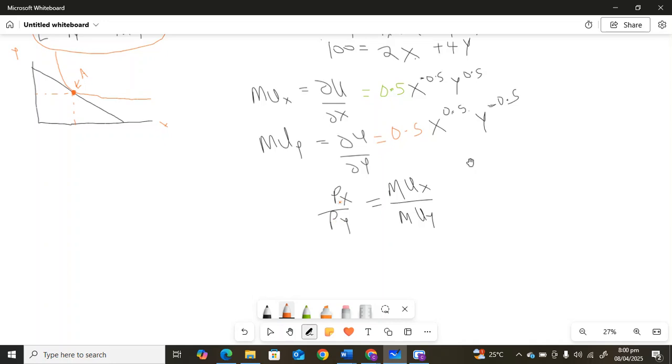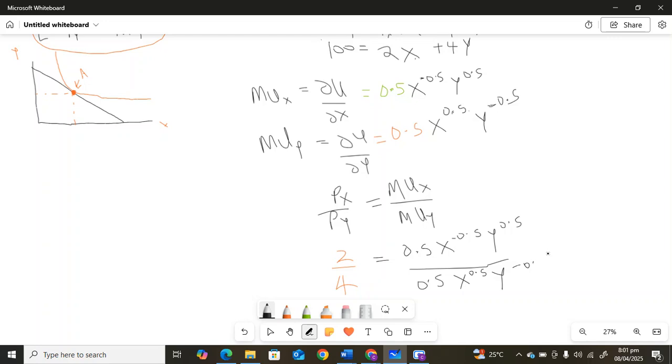Our px, remember, the price of good x is 2, price of good y is 4, equals here, marginal utility of x, that is 0.5 x to the power negative 0.5 y to the power 0.5, over marginal utility of y, which is 0.5 x to the power 0.5 y to the power negative 0.5.